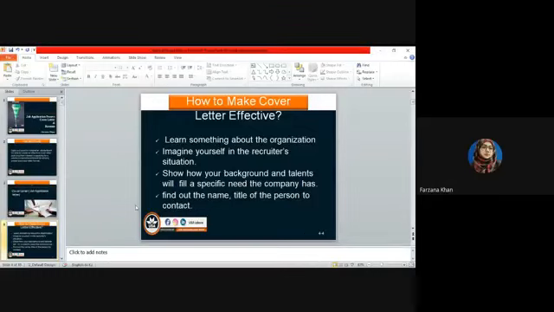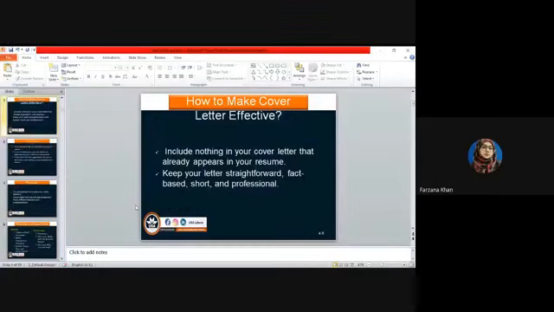For making your cover letter effective, it is also important to include nothing in your cover letter that already appears in your resume. Here you can refer to your resume, but you cannot repeat the details which you have given in it. Keep your letter straightforward, fact-based, short, very precise, but complete, and professional.